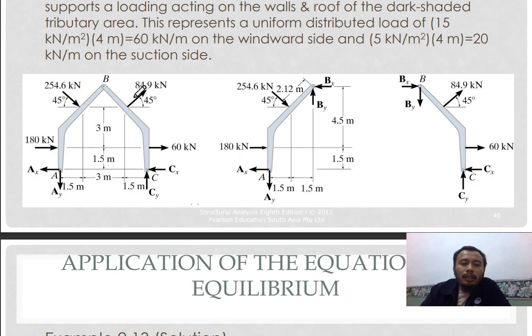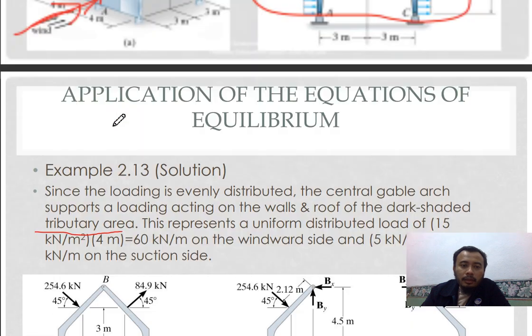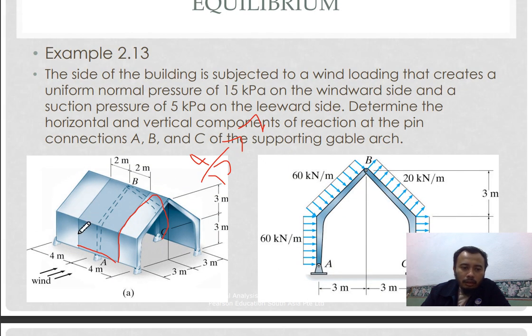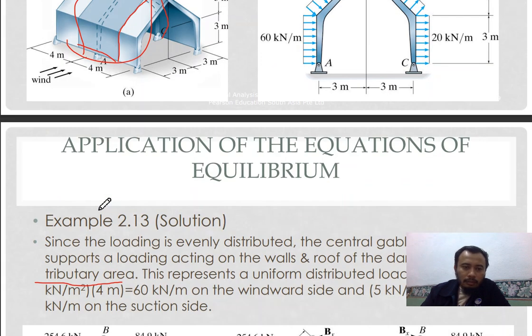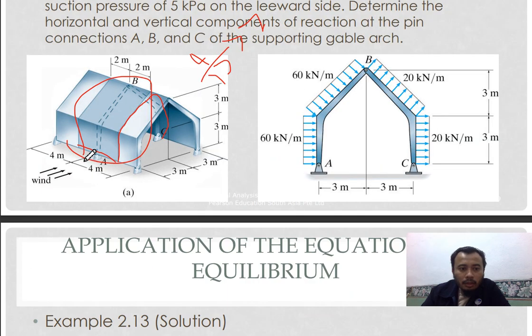Since the loading is evenly distributed, the central gable arch supports a loading acting on the walls and the roof of the dark shaded tributary area. This represents a uniform distributed load of 15 kilonewton per meter square or 15 kilopascal times 4 meter, your breadth, 2 plus 2, so 4 meter.